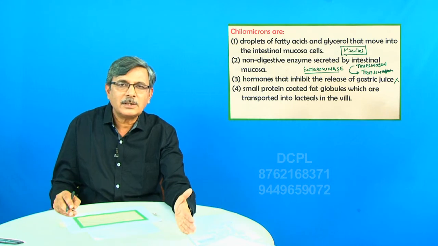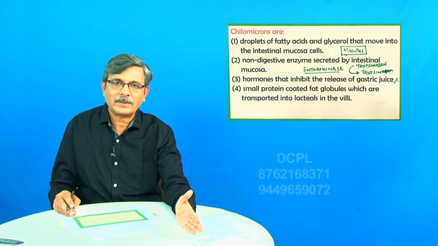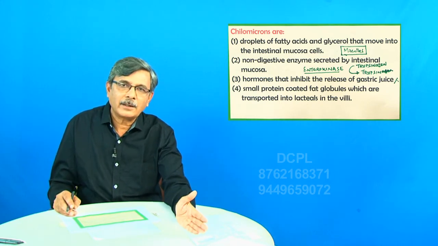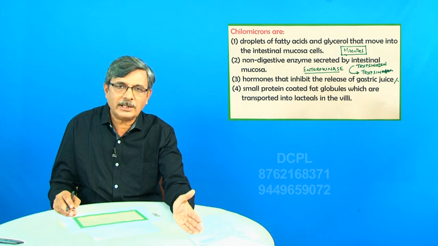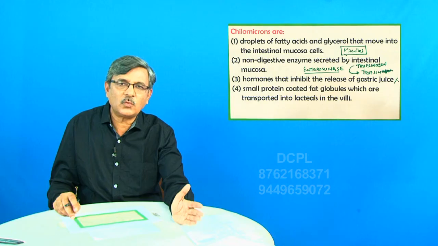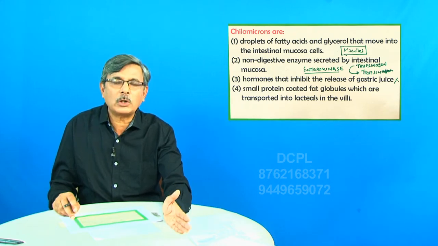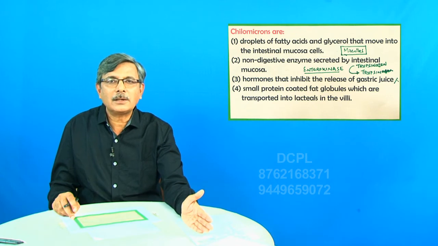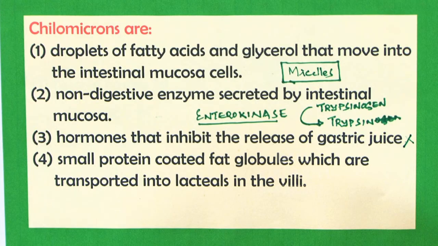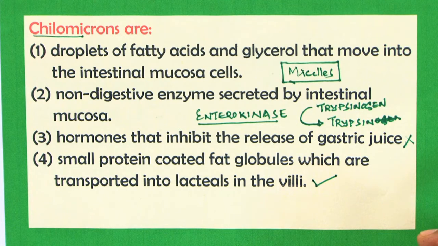And into this, the lymphatic vessel with a blind end is going to be entering. The lymphatic vessel in the villus of small intestine with the blind end is called lacteal. It carries lymph. The digested fat is taken from the mucosa cell with a protein coat into the lacteal and we call this chylomicron, and thereby option 4 is the answer.